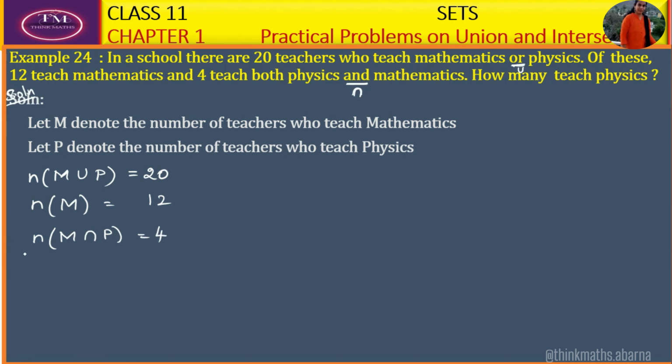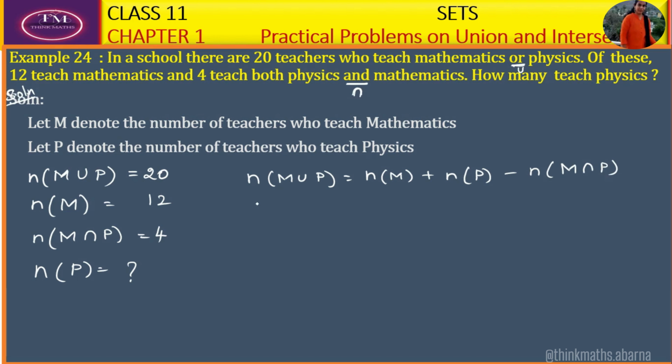What do we have to find? How many teach physics? That is, we have to find n of P. So let us use the formula. n of M union P is n of M plus n of P minus n of M intersection P. What is n of M union P? It is 20.